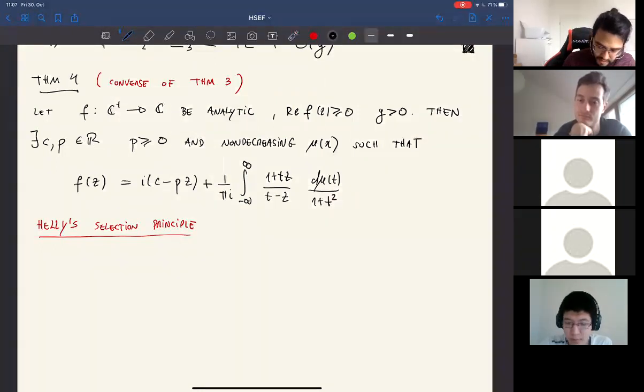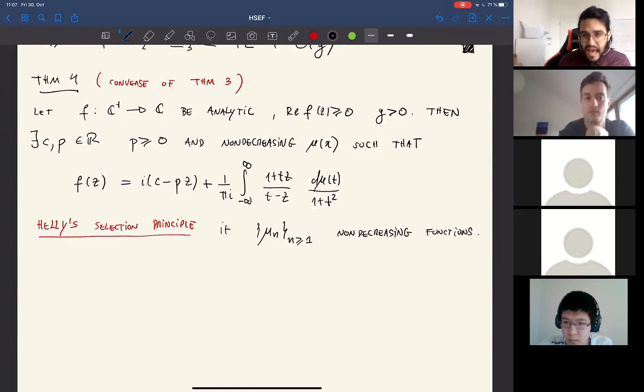So what is that? Suppose you have a certain sequence of non-decreasing functions. And again, if you Google this, you see a bunch of generalizations to Banach spaces, to well-ordered sets, things like that.